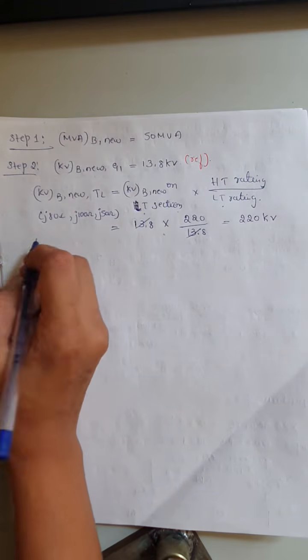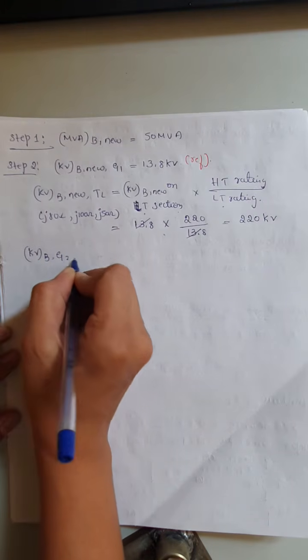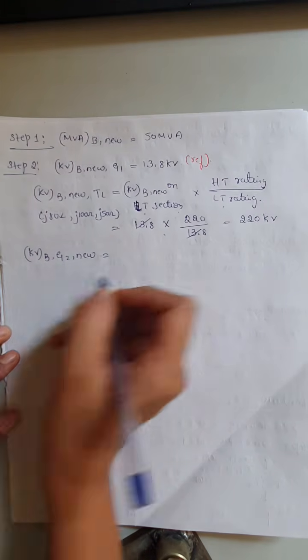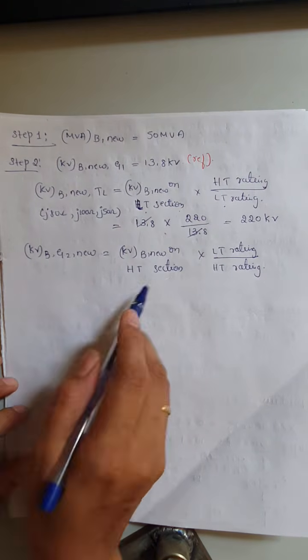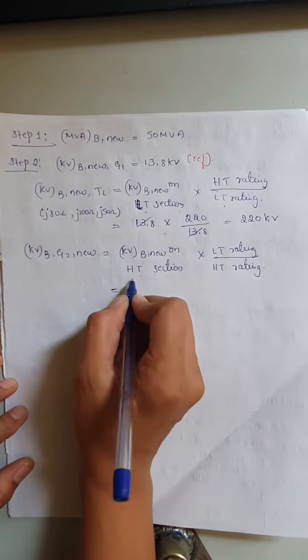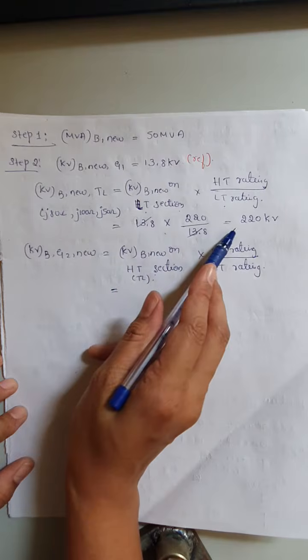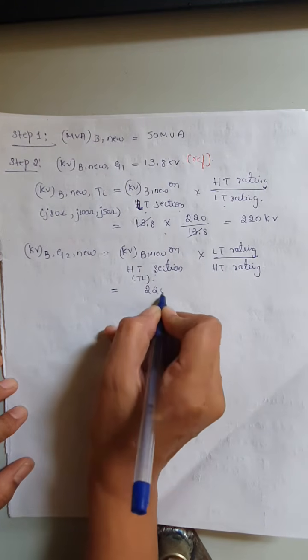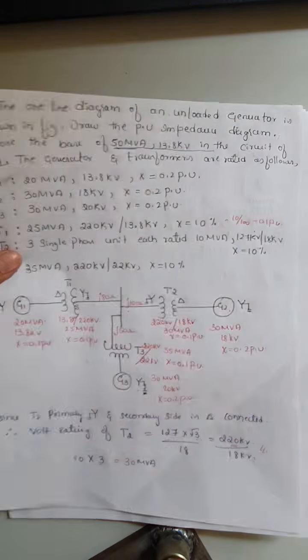Next, similarly, we'll do the base voltage calculation for generator 2. For this you have to write the LT section formula. Here, kilovolt base new on HT, and HT is always the transmission line. That base voltage we have just calculated is 220 kilovolt, multiplied by the transformer rating. Now look at the single line diagram.